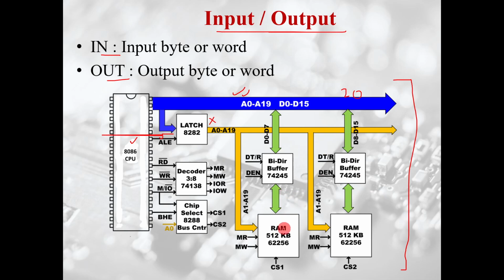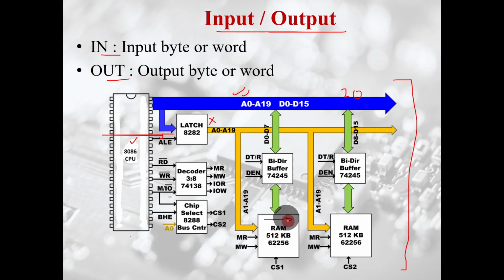Now in the 8086, the memory is divided into two banks. One is known as the odd bank. We have a total memory of 1 megabyte, out of which half of it is in each bank. This is an 8-bit bank.